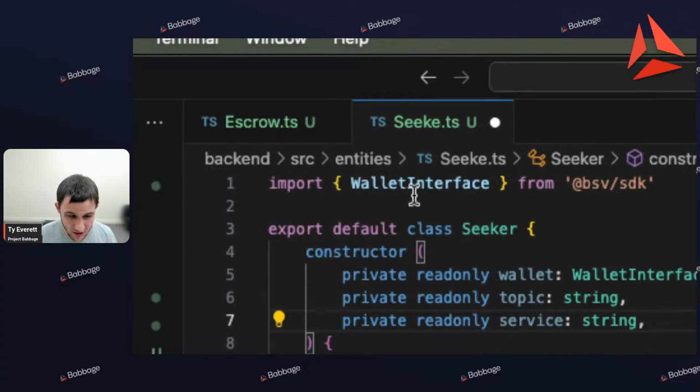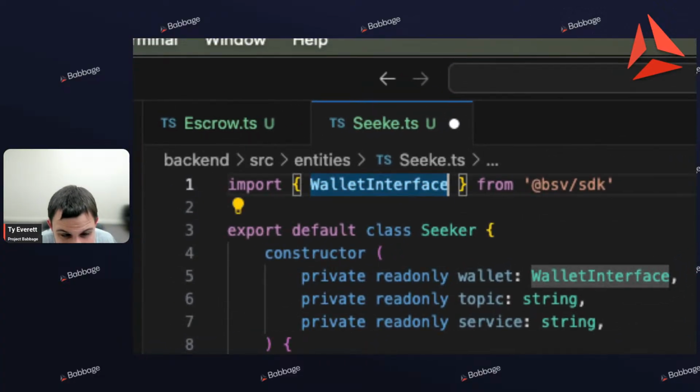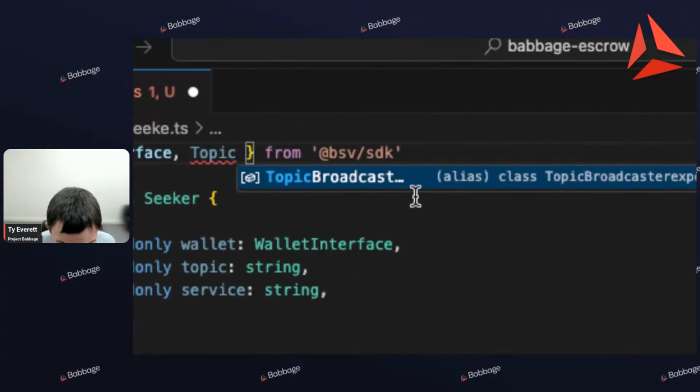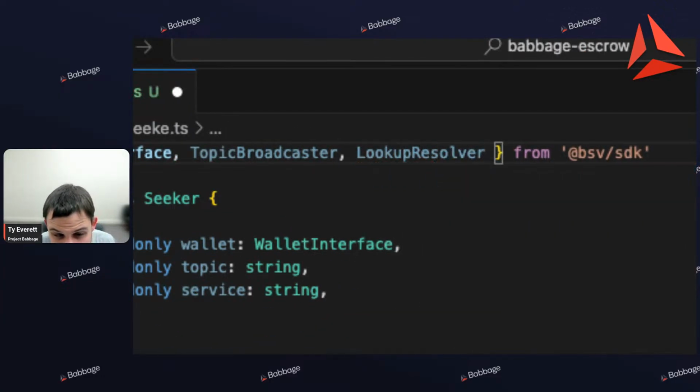And maybe they even have a topic broadcaster and a lookup resolver.